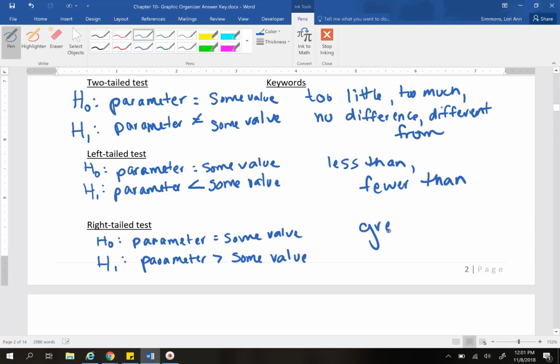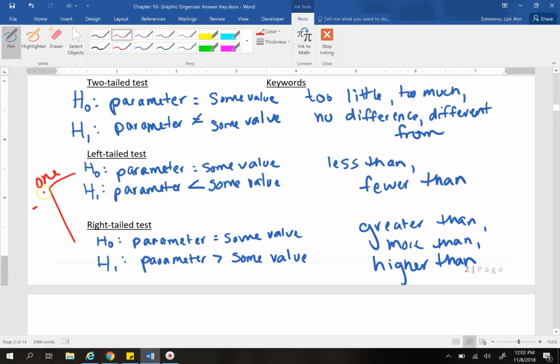Keywords here are greater than, more than, higher than. Okay, notice again the null hypothesis is always the parameter equaling. This is true for every null hypothesis, so that's nice and easy. The left and right-tailed are considered one-tailed.